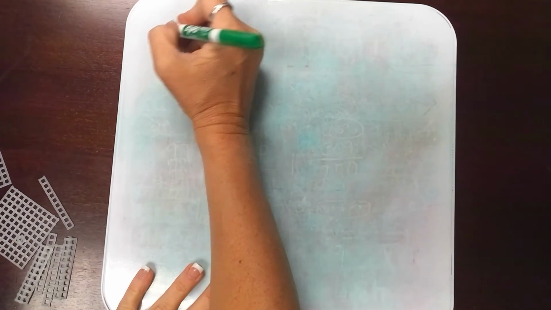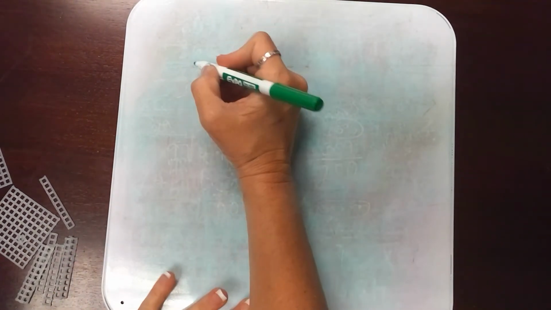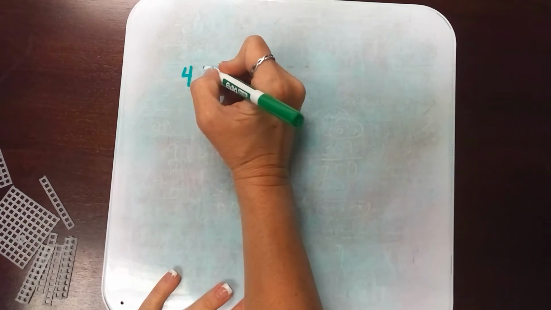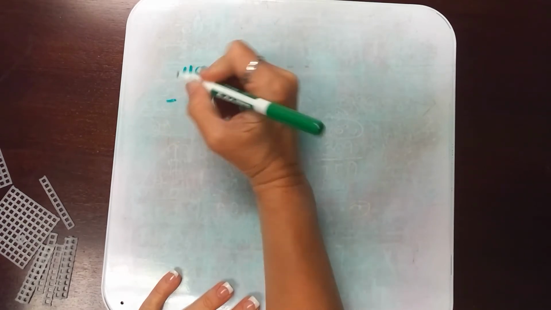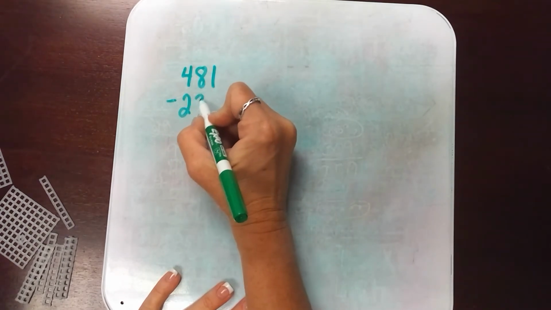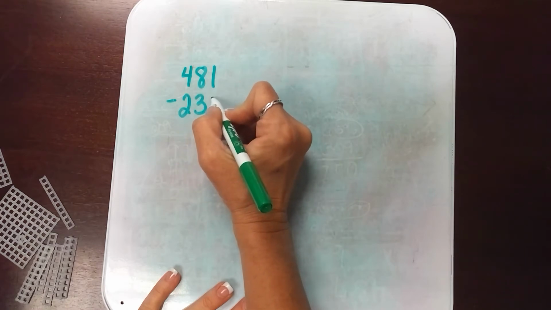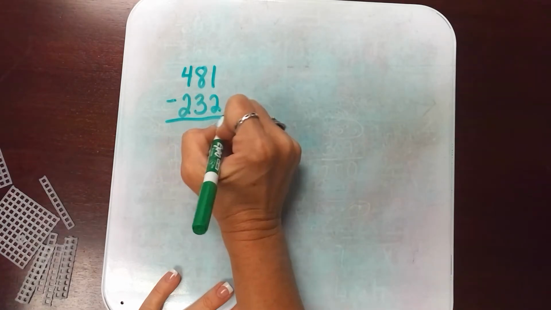Then, right after open number lines, you can work with students on front end subtraction. Some people don't like that term, so they use expanded subtraction. Either way is fine. So we're going to do this problem here. Okay.